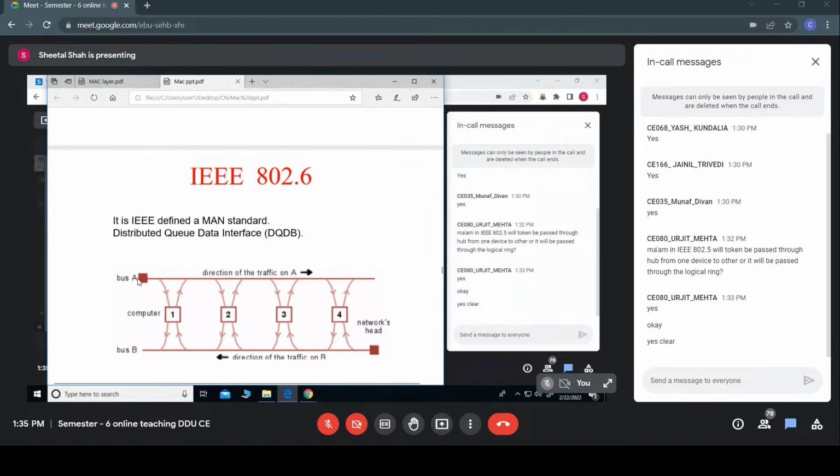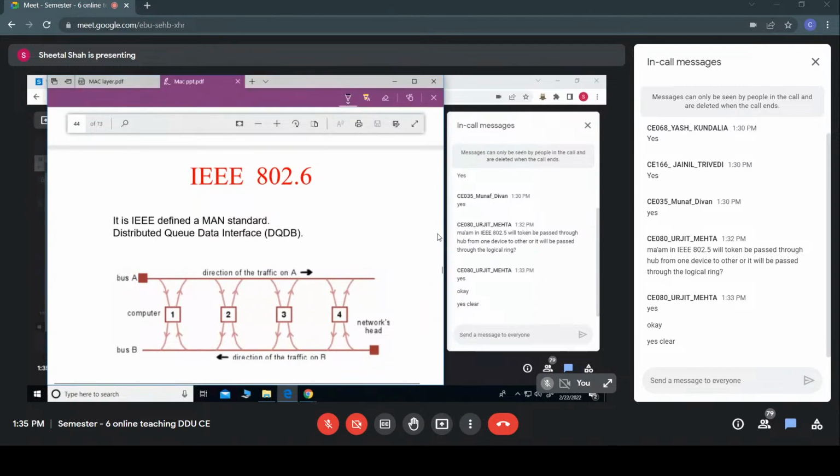Followed? Now, you can see that this is some square which is shown here. This is nothing but the head end. So two head ends would be here for the two buses, bus A as well as bus B. Now this head end would provide a 53 byte cell, which is nothing but the frame.